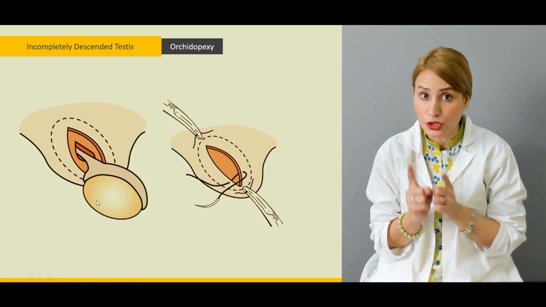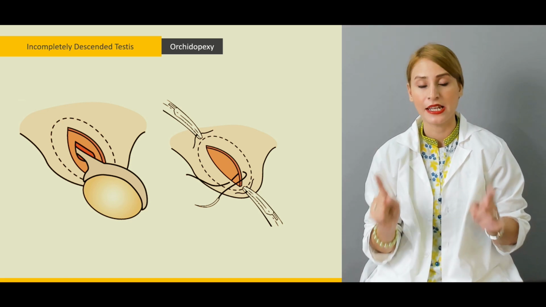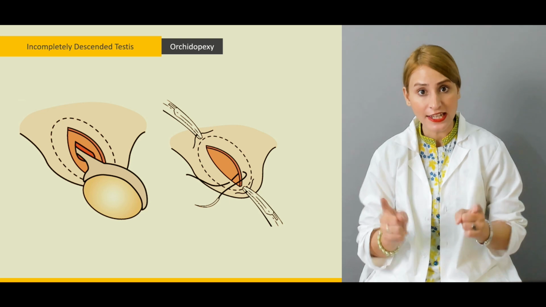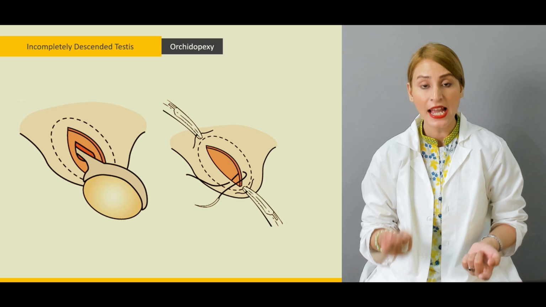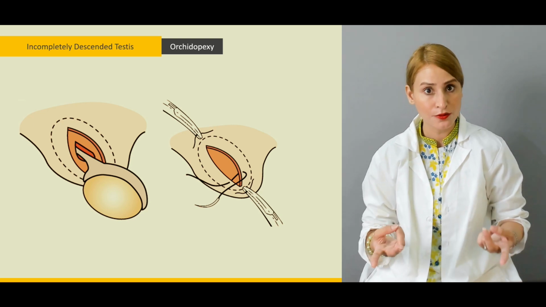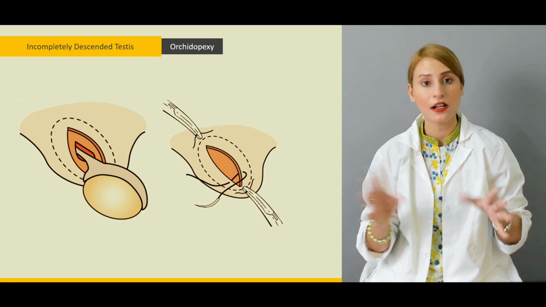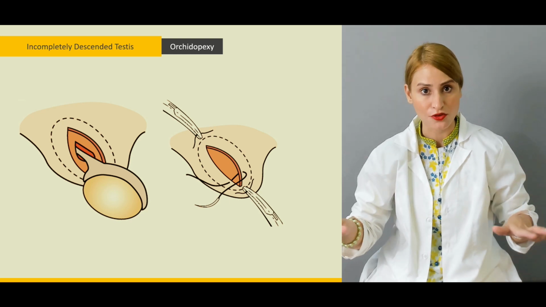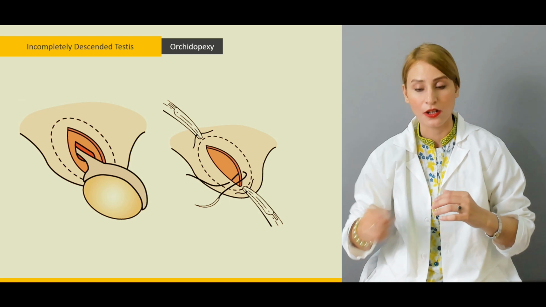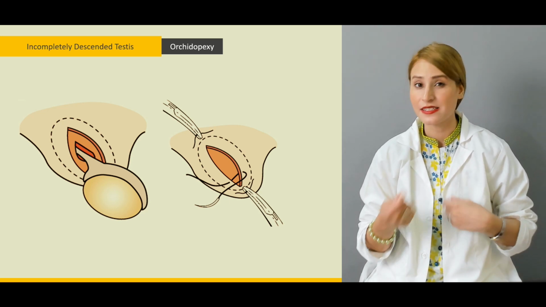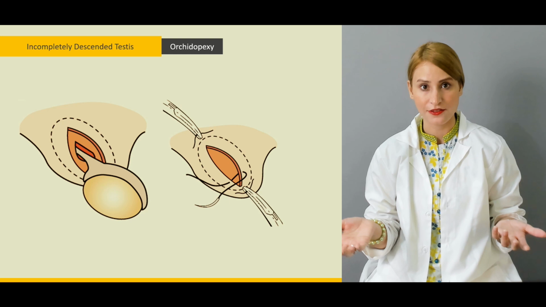The most important thing in this procedure is to fix the testes in the scrotum with the scrotal fascia. You have to secure it not with 2 sutures but with 3 sutures, stitching it in at least 3 planes, not 2.